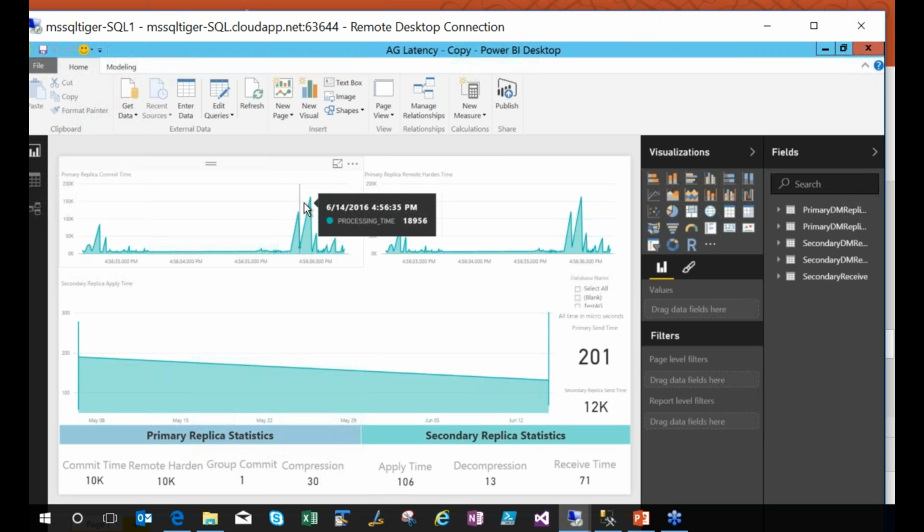If that's the case, then I will go and look at the system health session on my primary replica, and I will try to figure out the amount of time it took for the commit. What I would be looking for in the system health session is the sp_server_diagnostics output, and I will look for write log waits.